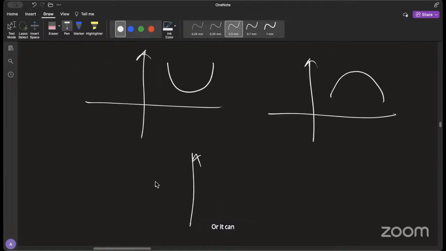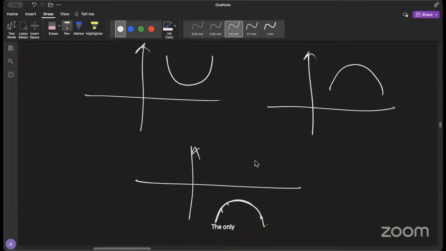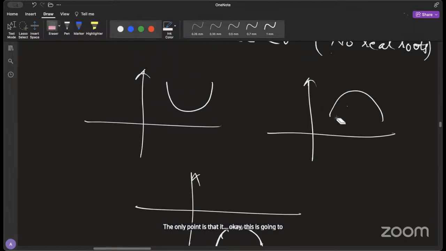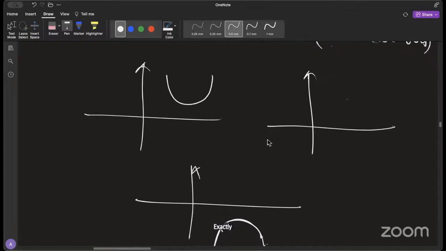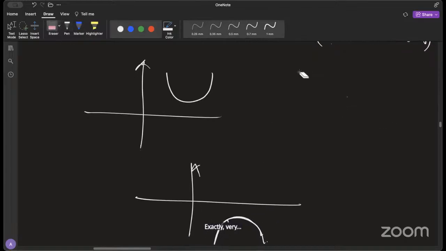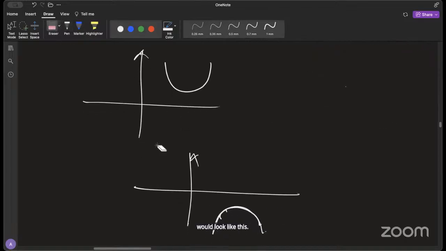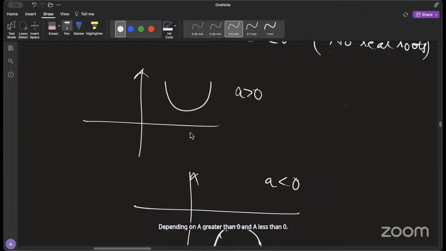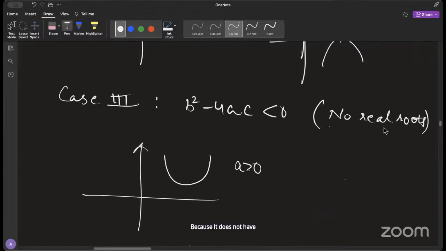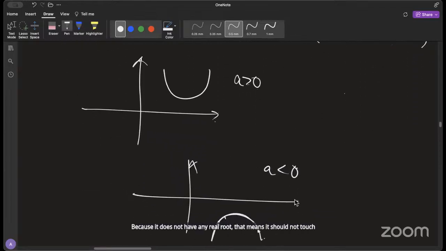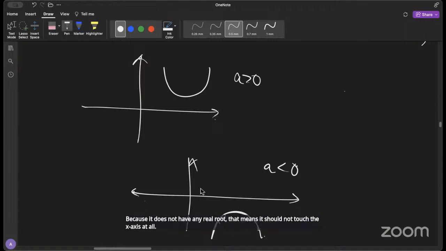Or it can look like this. The only point is that this is going to touch the x-axis, right? So it will look like this. These two, depending on a greater than 0 and a less than 0. Because it does not have any real root, it should not touch the x-axis at all, right?